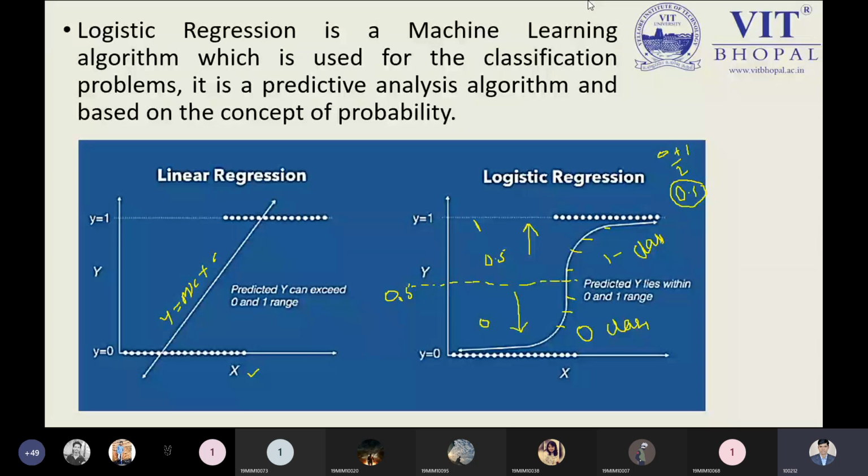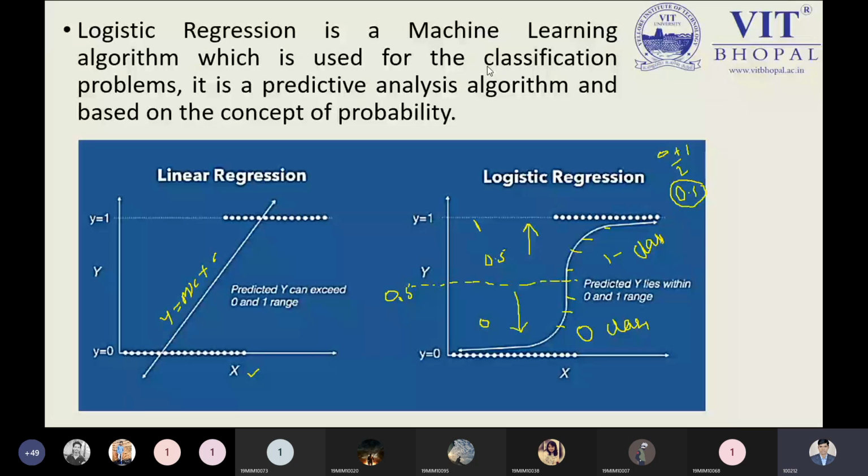The important term here is the threshold value, which by default we can assume to be the middle value. So here I'm assuming the middle value is 0.5. This 0.5 is the threshold value. If my output value, the y value, which was 0.3, is less than the threshold value, we predict that the information lies on 0. Else we predict it based on our line y equal to 1, so we assume 1.